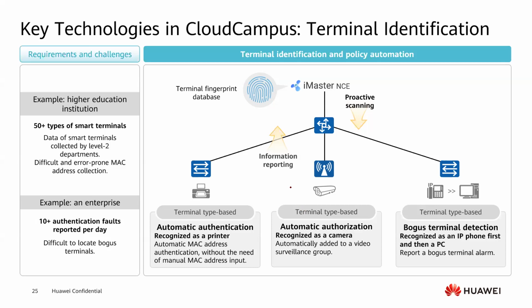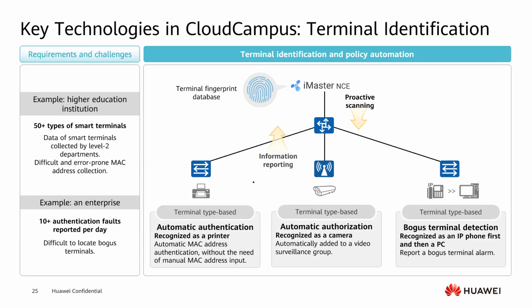For all of these terminals, the terminal management on the controller can only display the IP address and the MAC address of the access terminal, because we use the MAC address authentication for this kind of terminals to connect to the network resources.